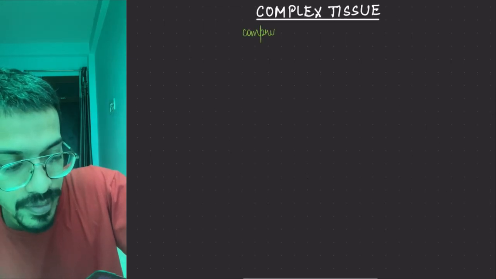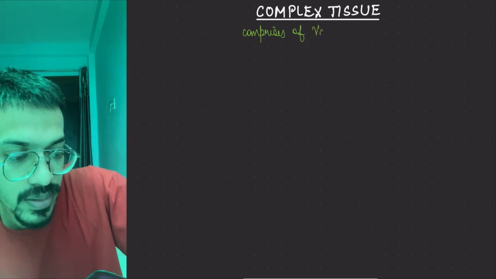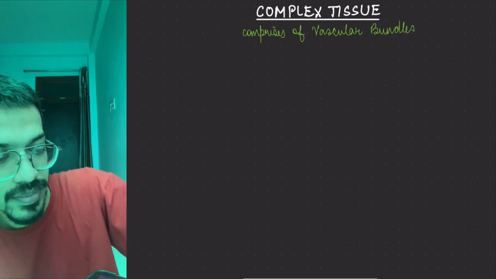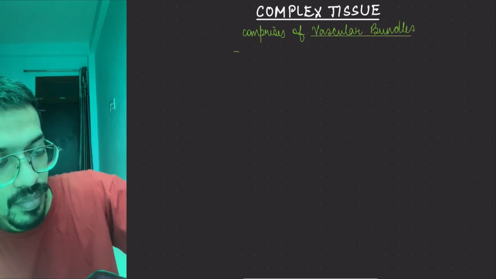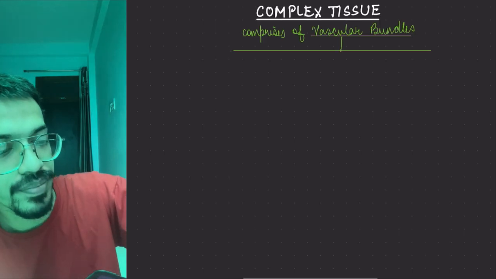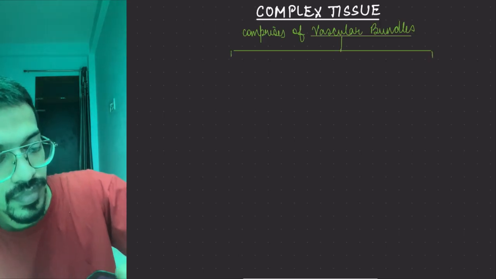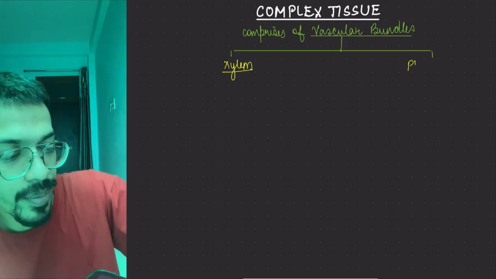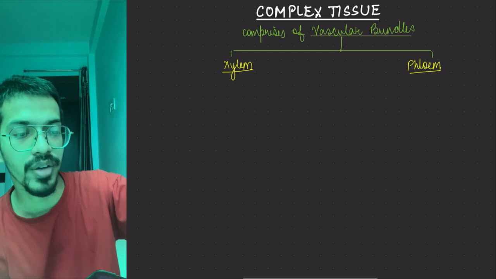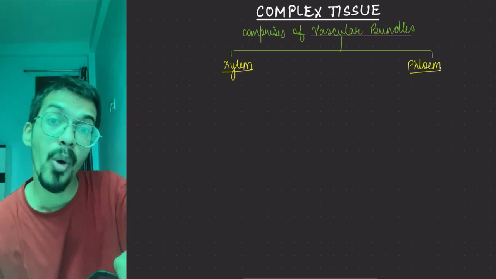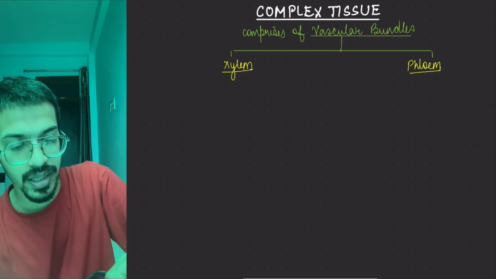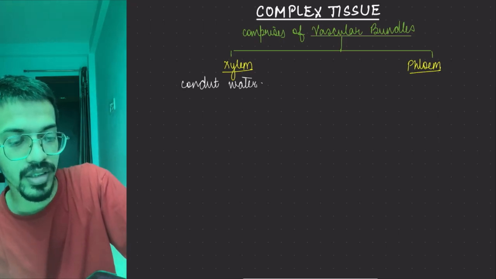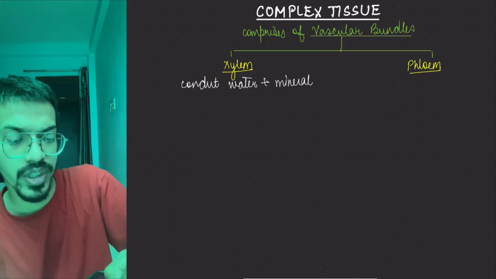So it comprises vascular bundles, that is xylem and phloem. We know that xylem will conduct water plus minerals, and this conduction is unidirectional.